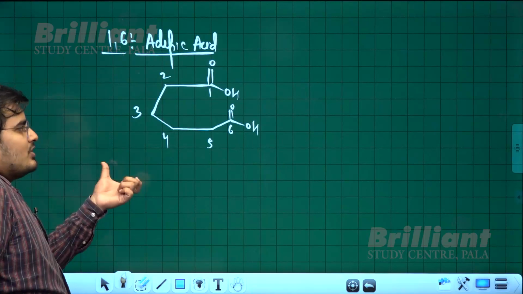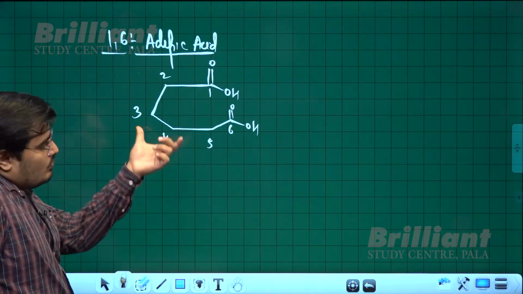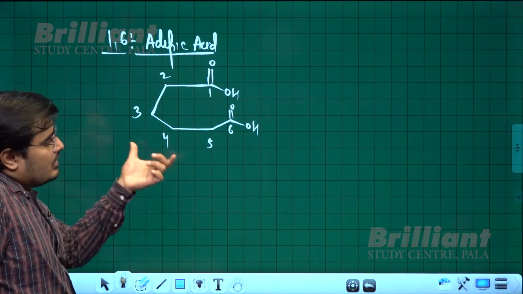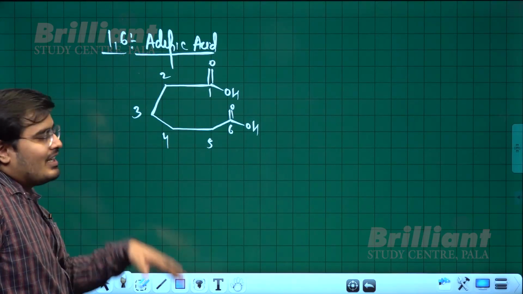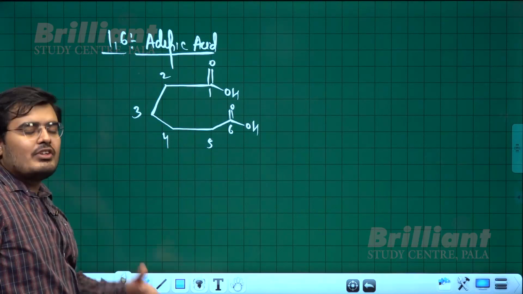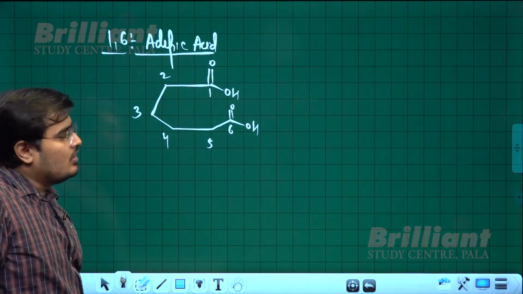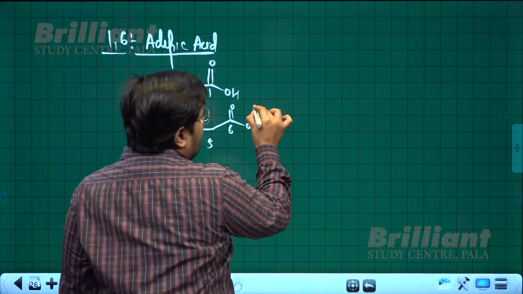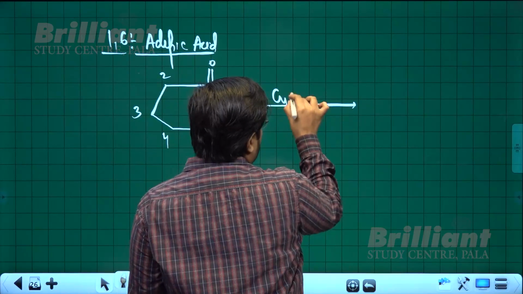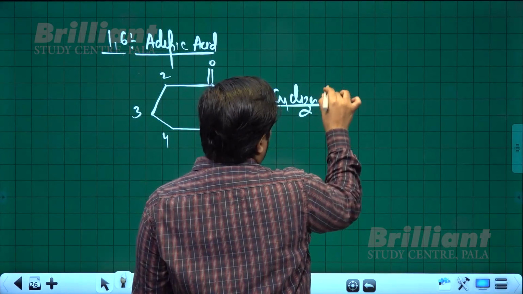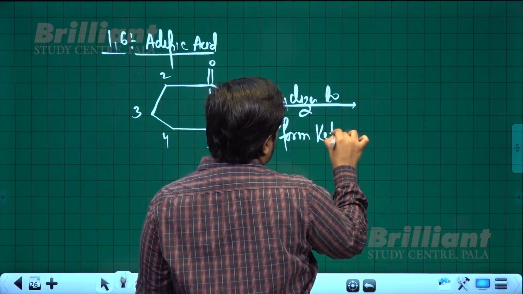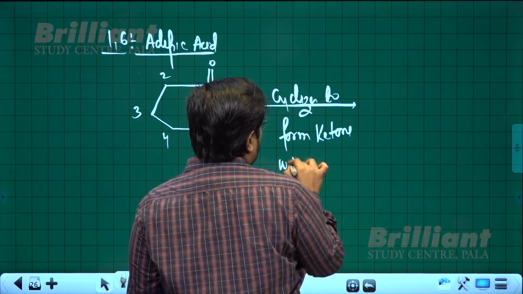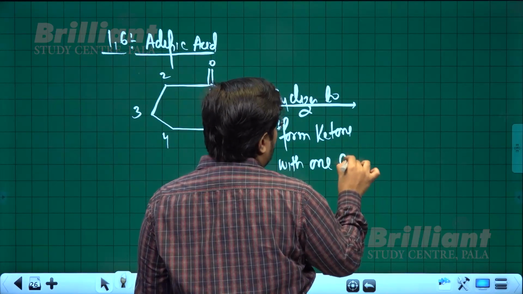So if two carboxylic acids are at a distance of 1,6 position, then they cannot cyclize to form the anhydride, as the anhydride would be a 7-member ring, and we know 7-member rings are not stable. So what they do is they cyclize to form a ketone with 1 carbon less.